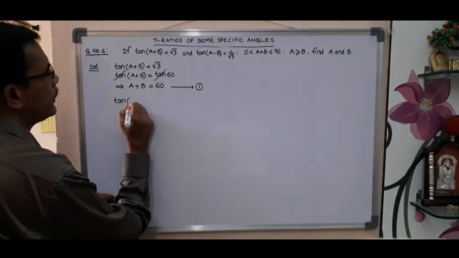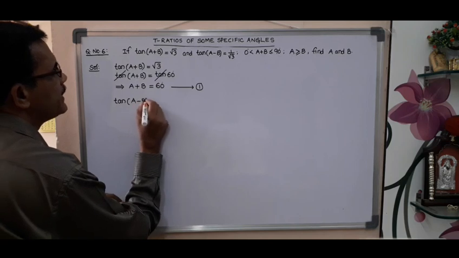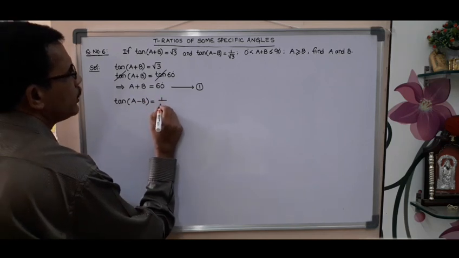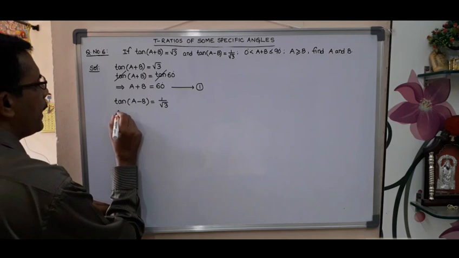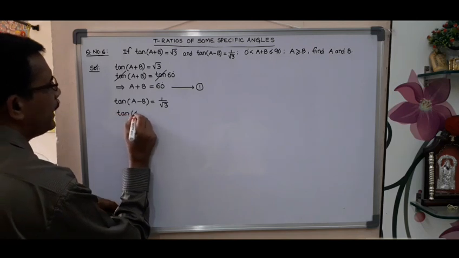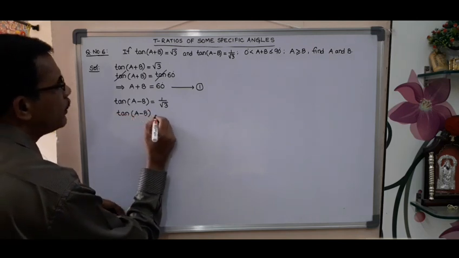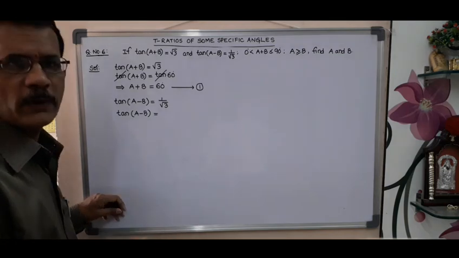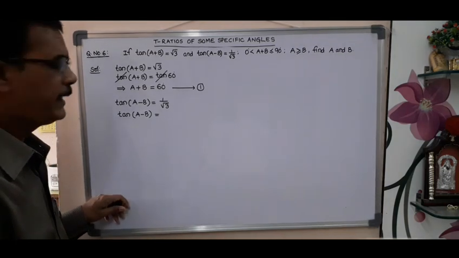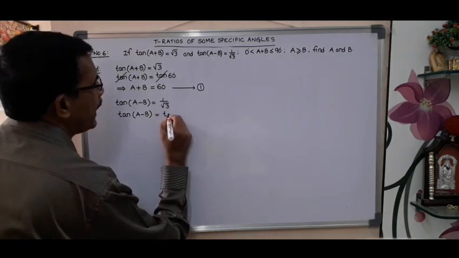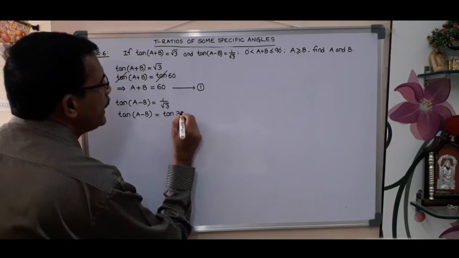Now let us take the second one. Tan(a - b) is equal to 1/√3. It is the value of tan 30 degrees. So in place of 1/√3 we can write tan 30 degrees.